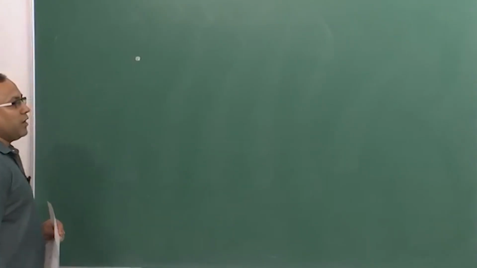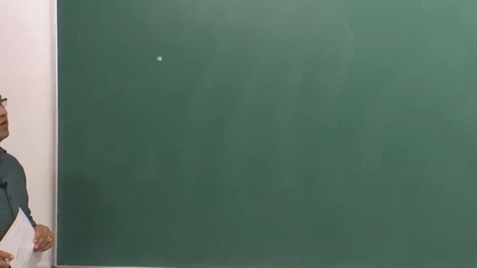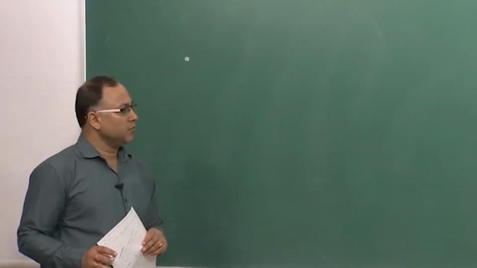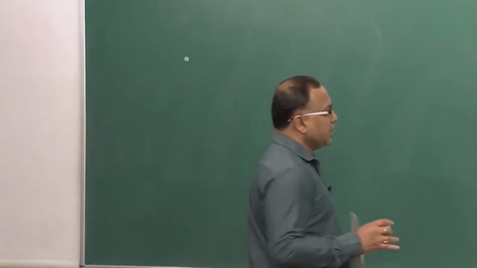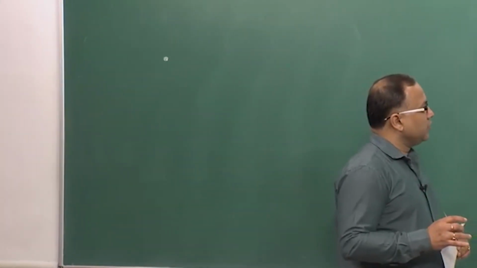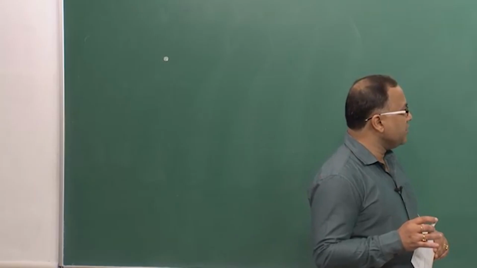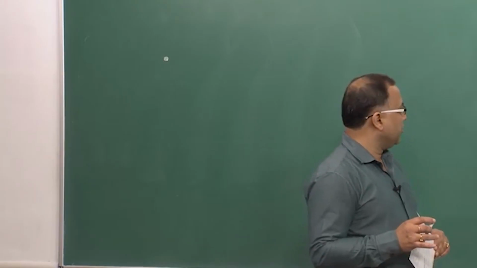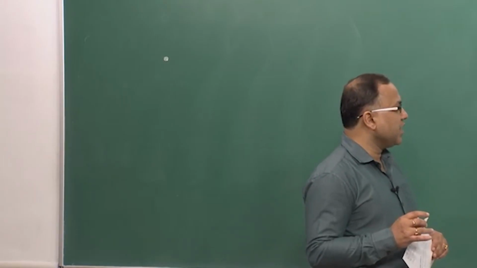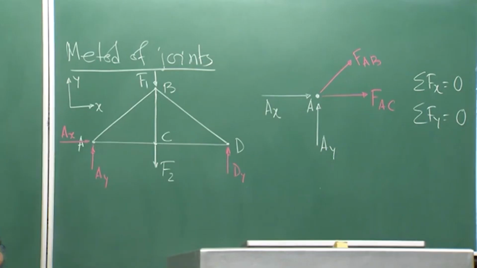Now, joint B is basically formed with three member connections: member AB, member BC and member BD. So, they are connected at joint B, right.